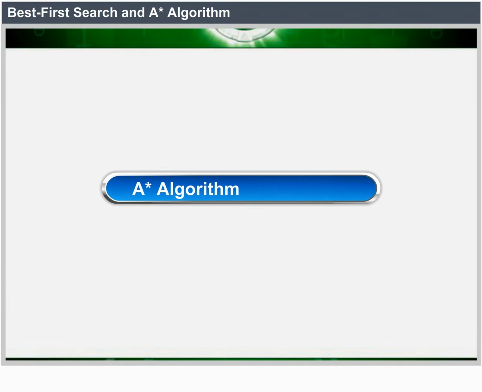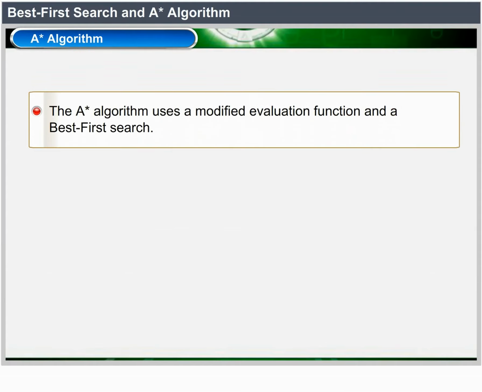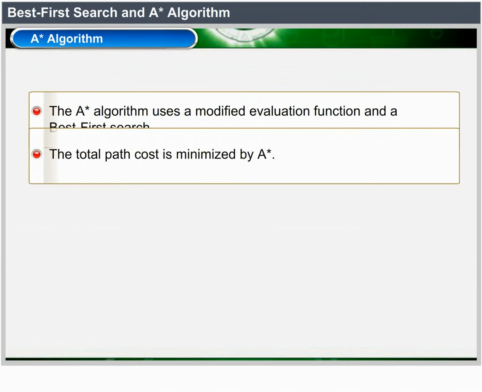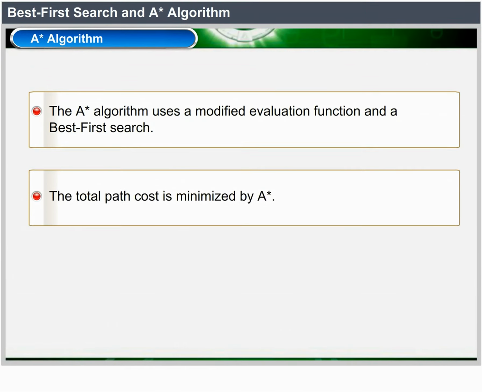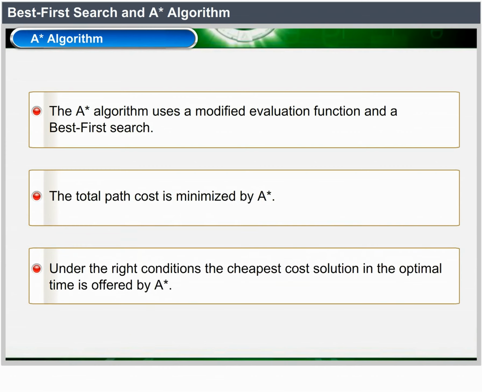A star algorithm. The A star algorithm uses a modified evaluation function in a best first search. The total path cost is minimized by A star. Under the right conditions, the cheapest cost solution in the optimal time is offered by A star.